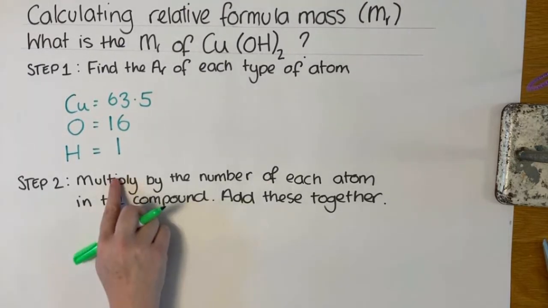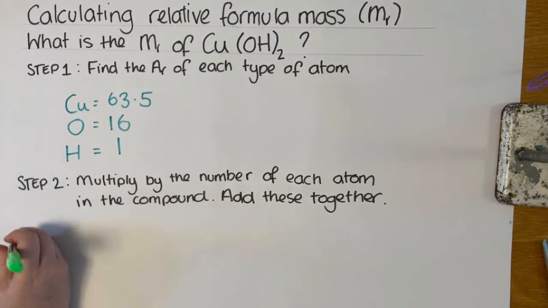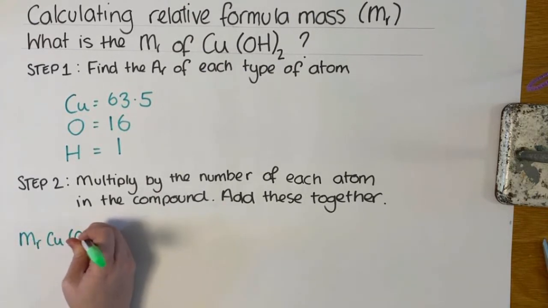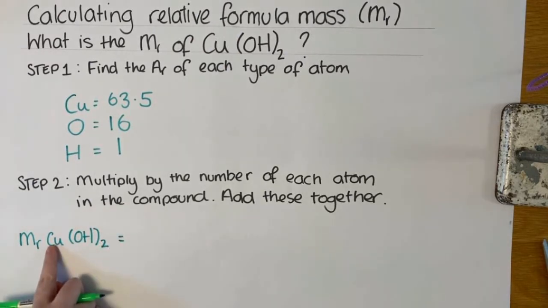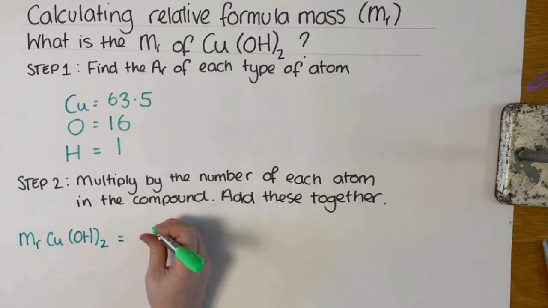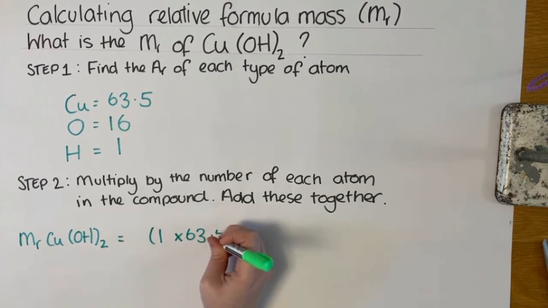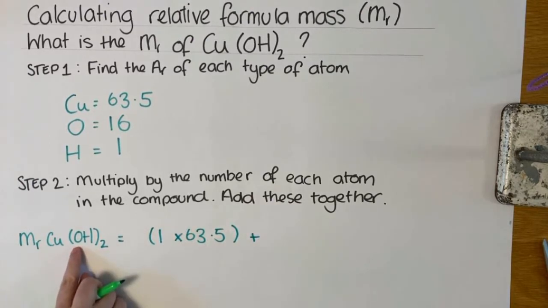I'm going to multiply by the number of each atom in the compound and add those together. So to work out the total formula mass of copper hydroxide, well, I've got 1 atom of copper, so I'm going to do 1 multiplied by 63.5. I've got 1 oxygen here, but there's a 2 outside of the brackets.